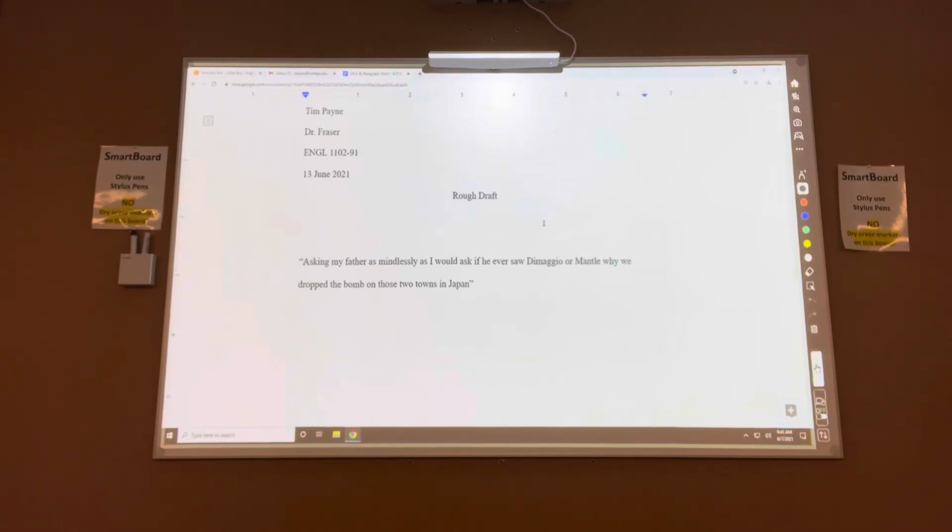Anything else? We need a parenthetical. Now, there's a couple things about that. When in doubt, you want to give me the last name. Okay? There are rules about when you have to and when you don't. But if you're not sure, just give the last name.